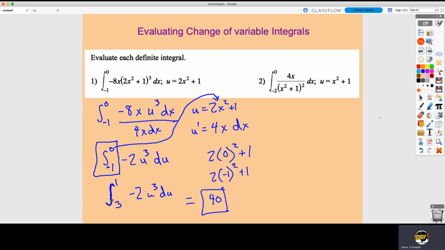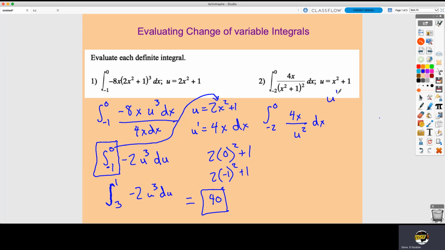Okay, so we're going to go through number 2 here really quick. It is kind of nice that they're telling us what u is here. All right, so we have the integral from 0 to -2 of 4x over u squared dx. As we said before, our u is x squared plus 1.